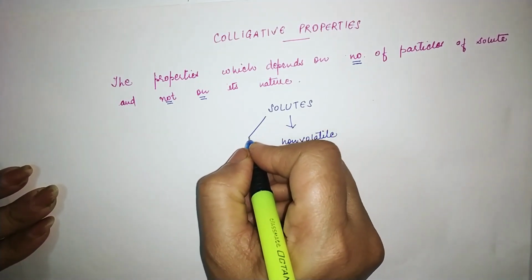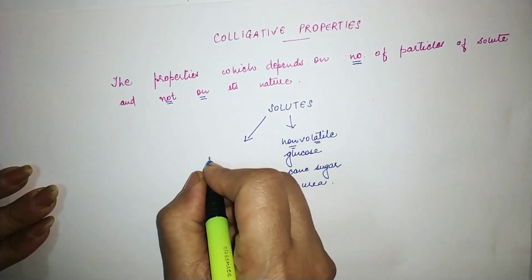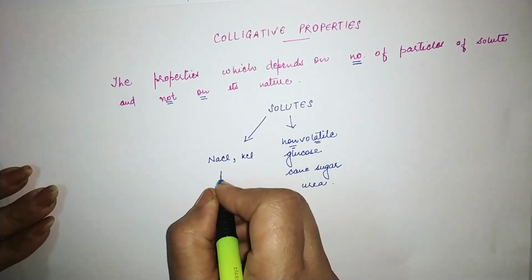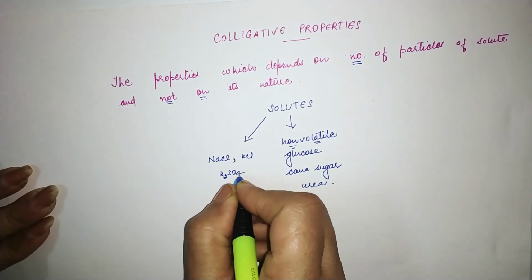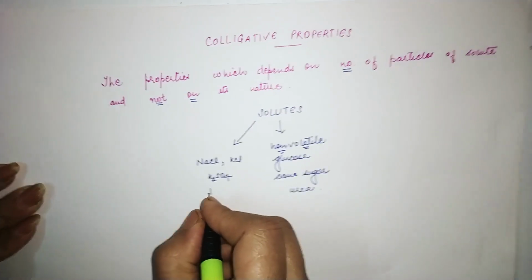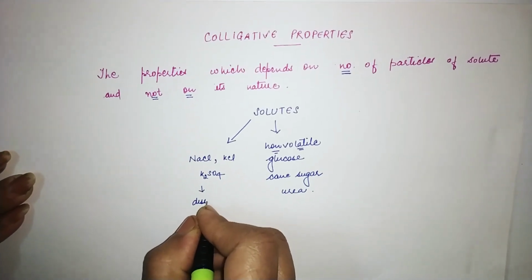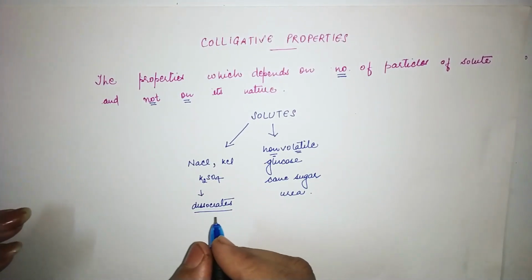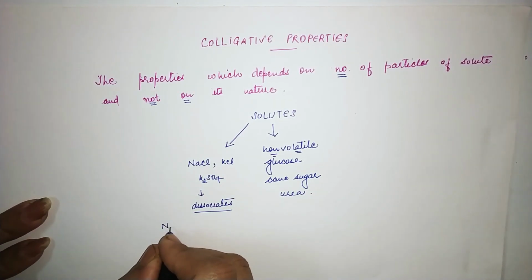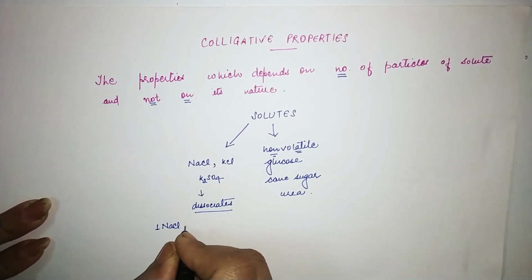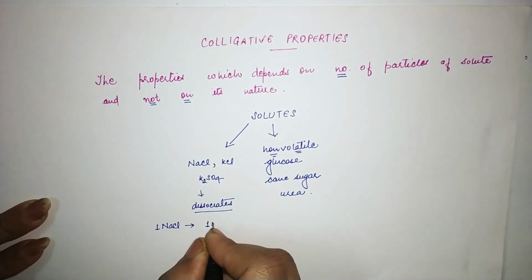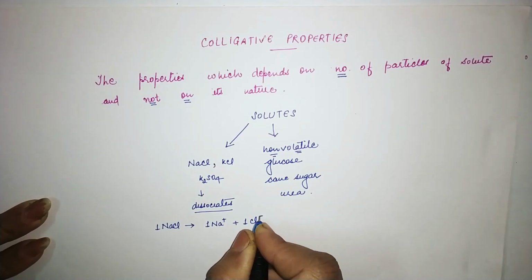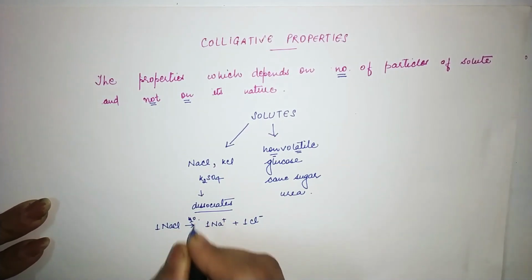Now, when I talk about some solutes like NaCl, KCl, K2SO4, these are electrolytes which dissociate. So 1 mole of NaCl will result in the formation of 1 mole of Na+ ion and 1 mole of Cl- ion when it is dissolved in water.